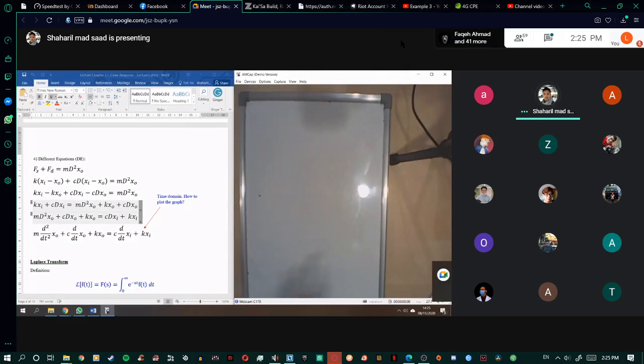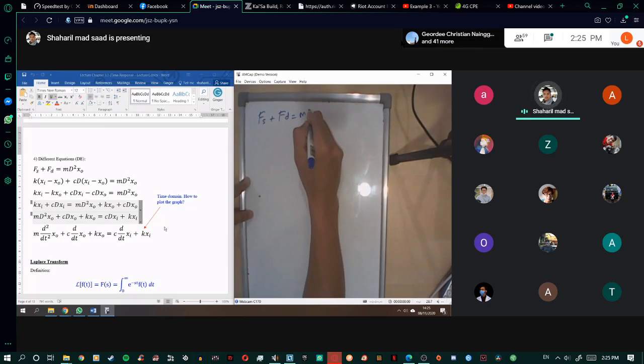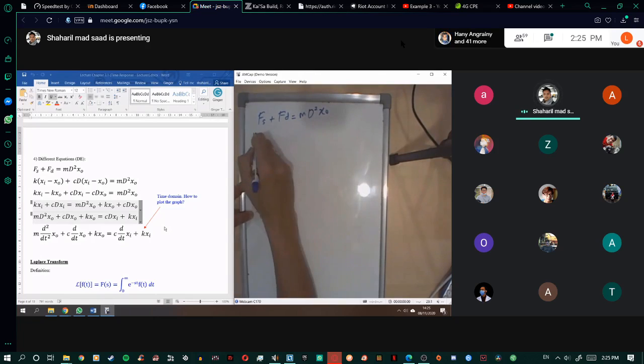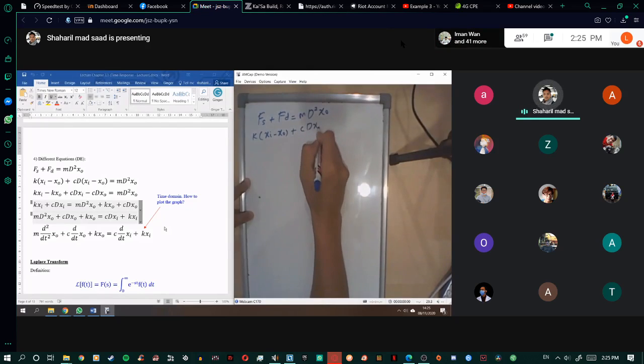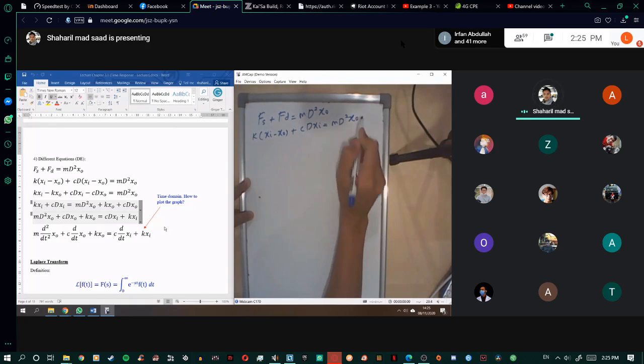Now, from that system you get Fs plus Ft equal to m d squared x naught. This is the small letter, I will explain to you. Now you get this equation for Fs plus C dxi equal to m d squared x naught.